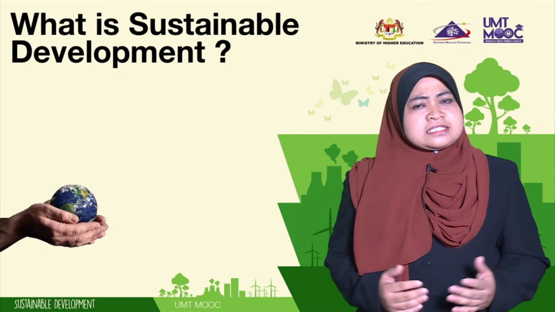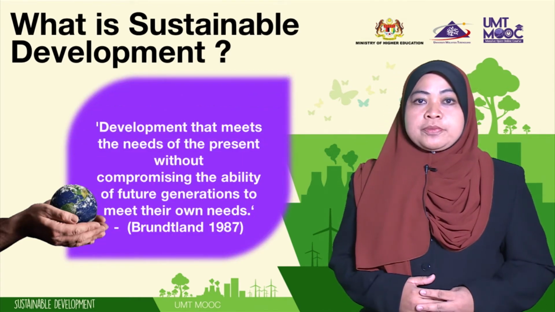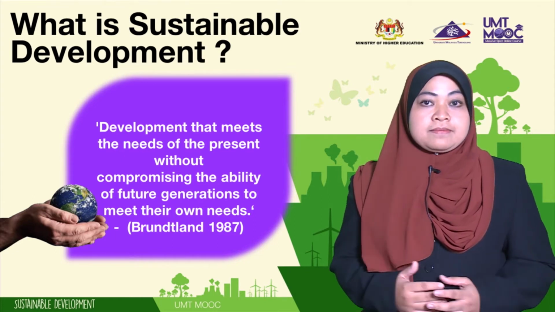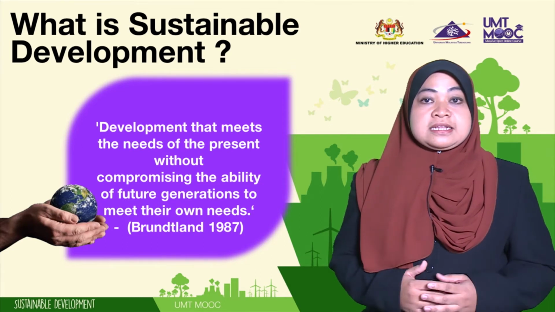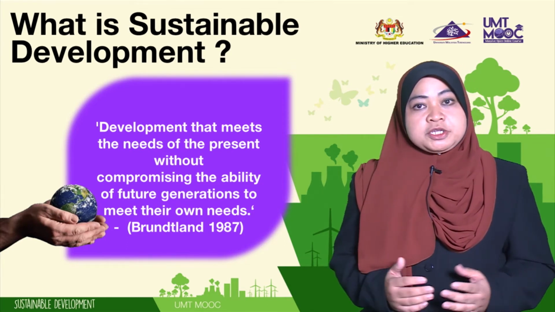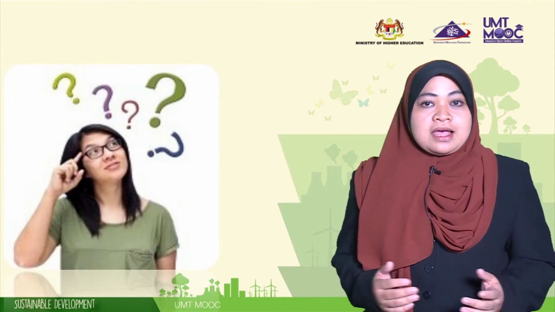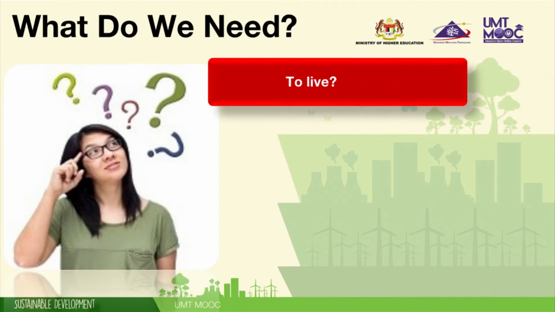So, what is sustainable development? According to Harlem Brundtland in the Brundtland Report 1987, sustainable development is a development that meets the needs of the present without compromising the ability of future generations to meet their own needs. So, let's take a few moments to think, what do we actually need in our life?